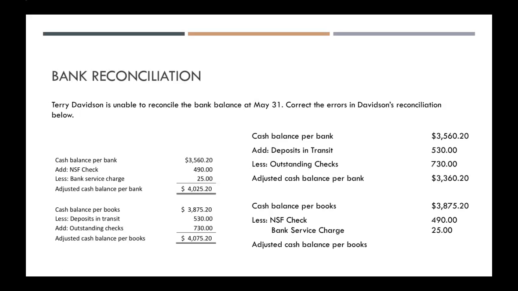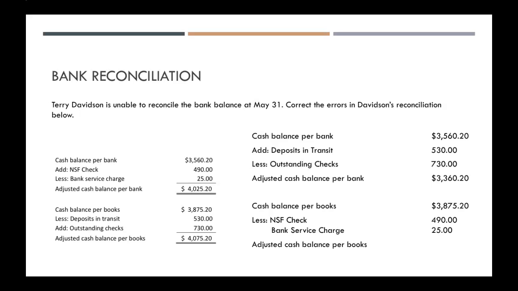Now, it's okay that we don't have anything that's going to add to our cash balance per books. But what sort of scenarios could there be? Well, a common one is a note collected by the bank. Right? So if we were told that the bank collected a $500 note with $50 interest and a $10 fee, we would have to record that under the add section of our per books as a note collected by the bank.